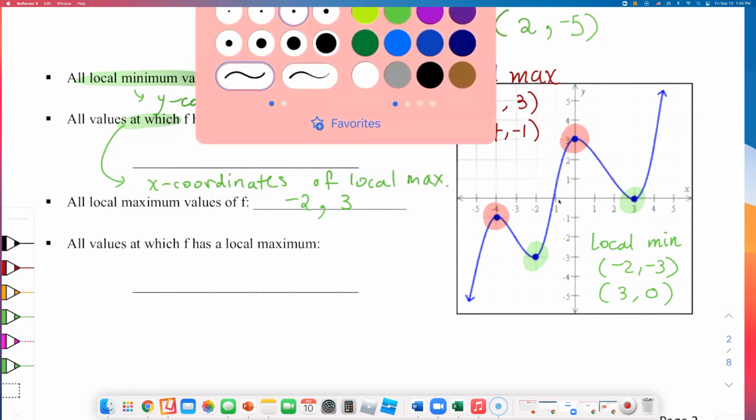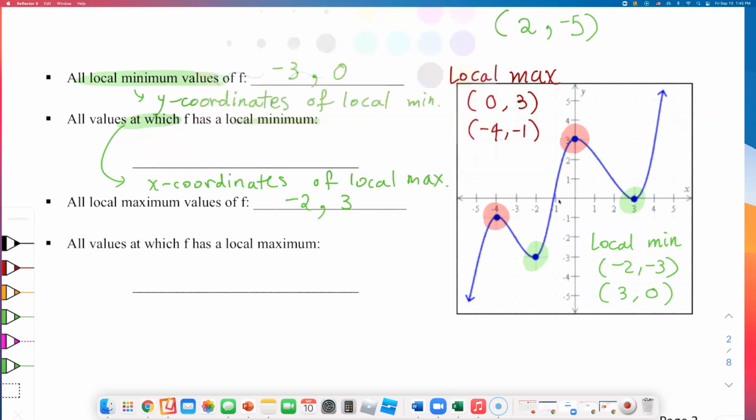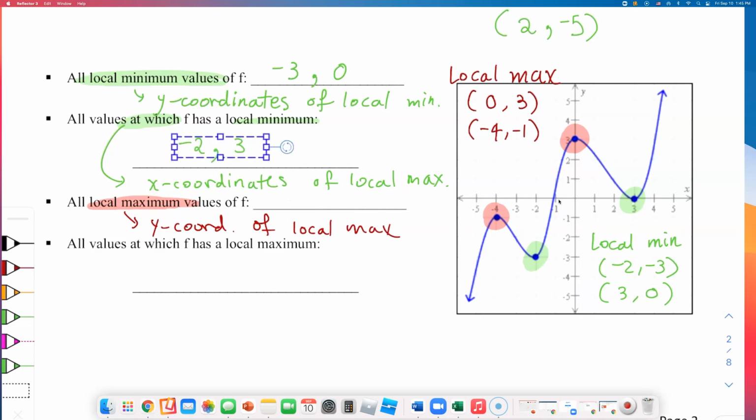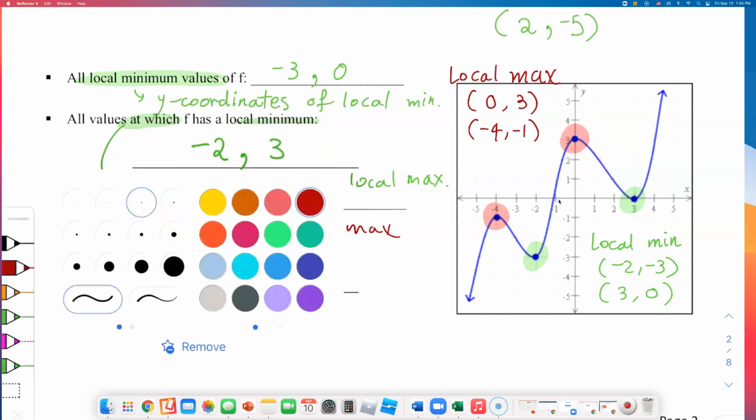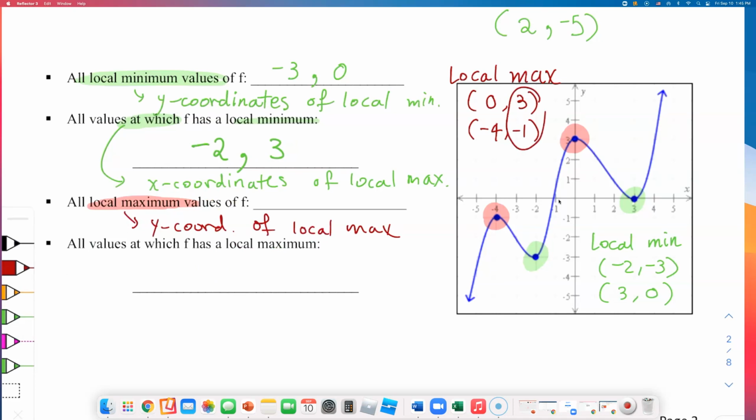All right, last question. Now we're moving on to the maximum. All local maximum values of f. This is asking for the y coordinate of local max. Oh, you see what I did here? I accidentally put the answer in the wrong blank. Okay, I fixed that. The y coordinates of local max are 3 and -1. So I have to write down 3, comma, -1.